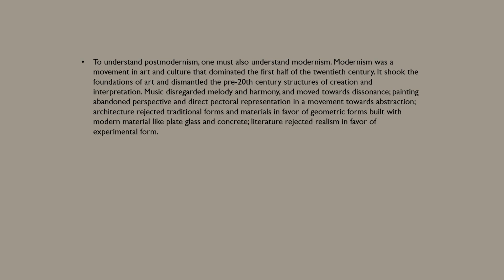Architecture rejected traditional forms and materials in favor of geometric forms built with modern materials like plate glass and concrete. Literature rejected realism in favor of experimental form. Think of Ulysses. That's a big one.